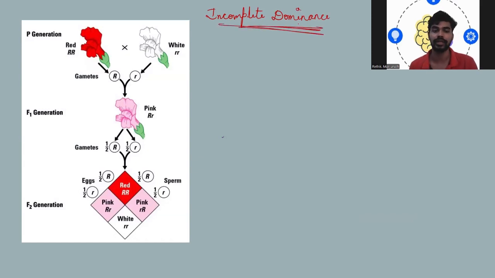In the incomplete dominance, one example which was taken was the coloration of the flower. The flower which was taken was a dog flower, or it is also called Snapdragon. This is one of the good examples to understand incomplete dominance.